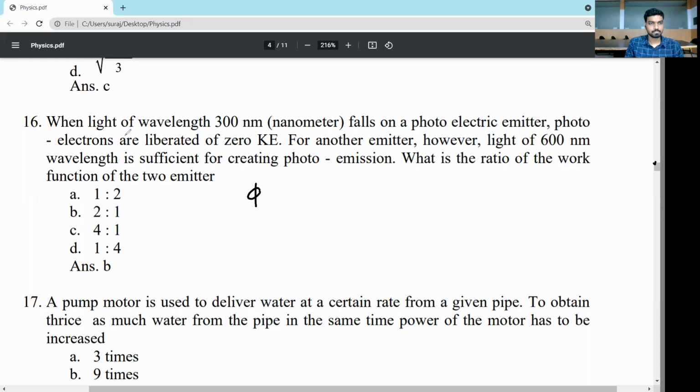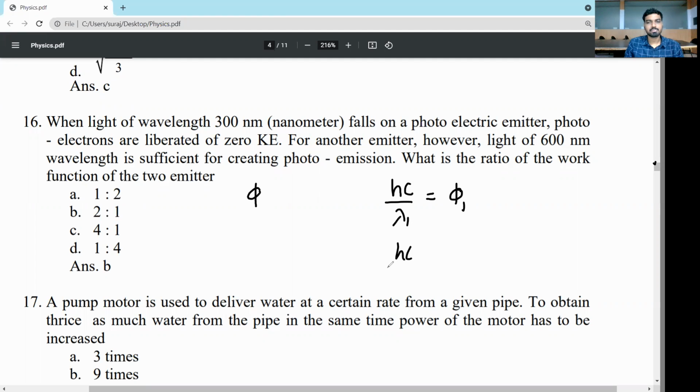Work function. Light of wavelength 300 nanometer falls on a photoelectron. So that means hc by lambda 1, K is 0, equal to phi 1, with zero kinetic energy, right? For another emitter, light of 600 nanometer wavelength is sufficient to create photo emission.